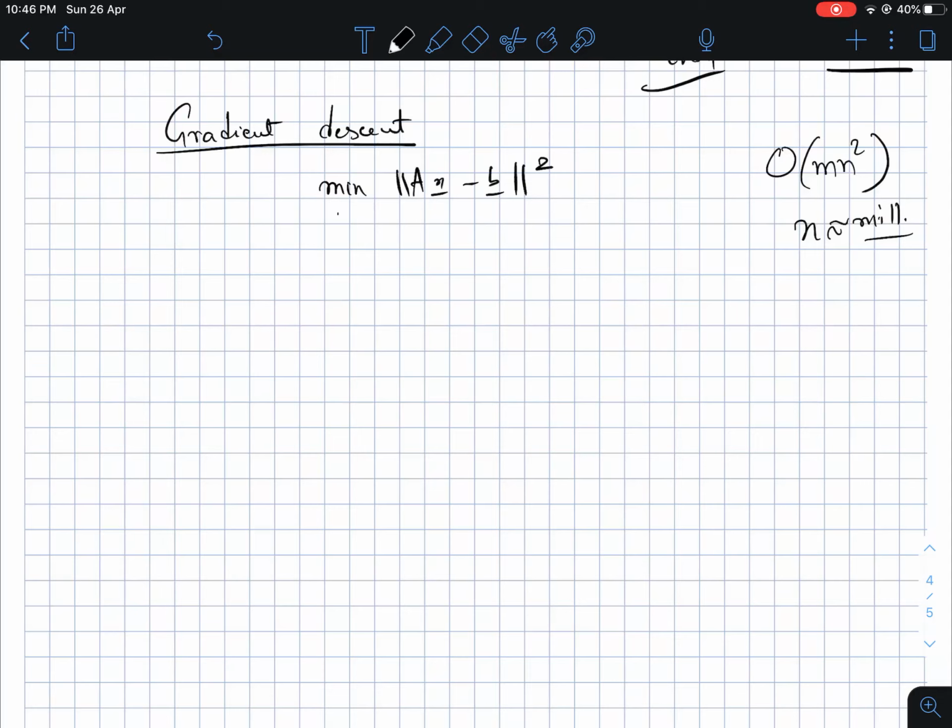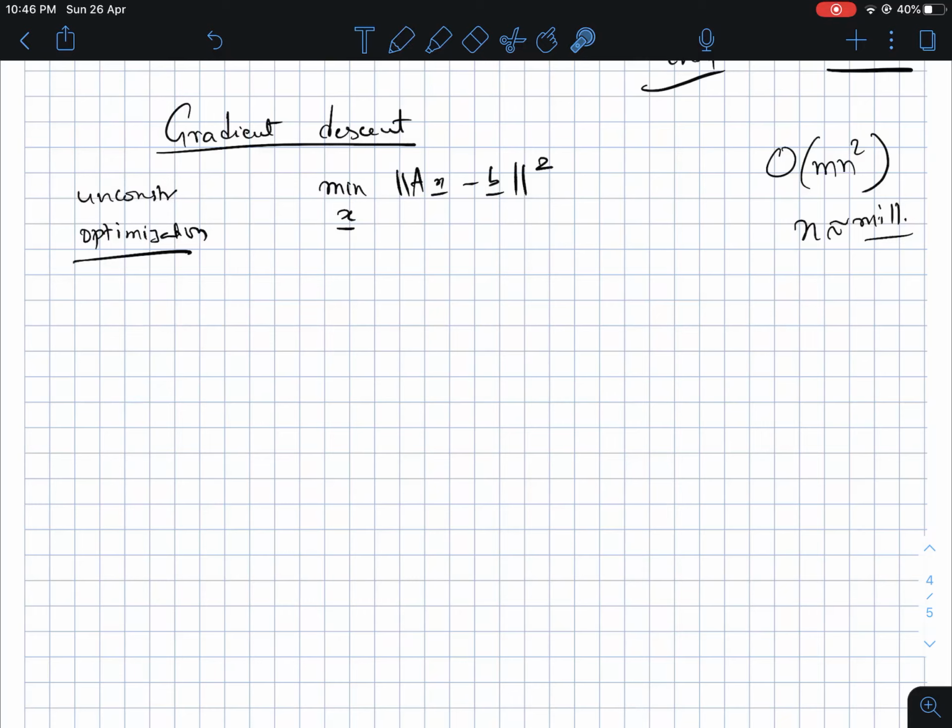Gradient descent is a very powerful technique that can be applied to solve any other unconstrained optimization problems. An optimization problem is any problem that involves minimizing or maximizing something, and I'm calling it unconstrained because there is no restriction on what your x can be here.